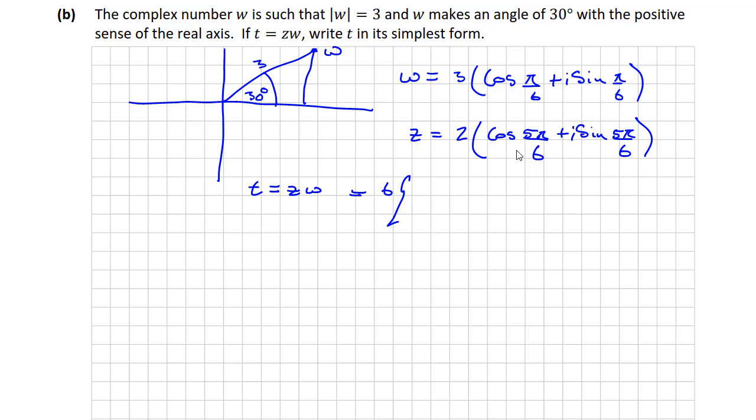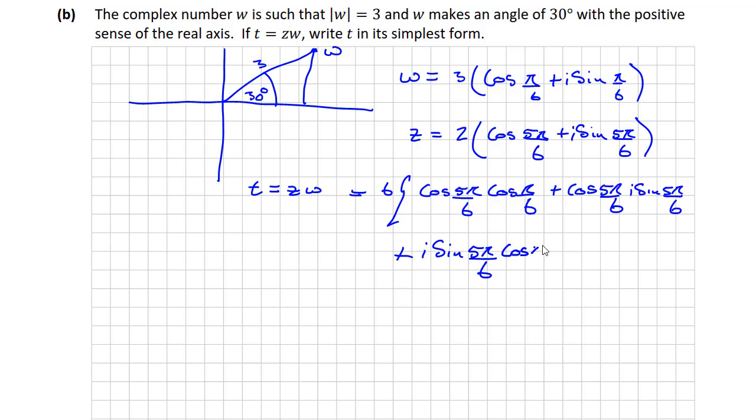And we'll start with cosine 5 pi over 6 cosine pi over 6, plus cosine 5 pi over 6 i sine pi over 6, plus i sine 5 pi over 6 cosine pi over 6, plus i sine 5 pi over 6 i sine pi over 6.